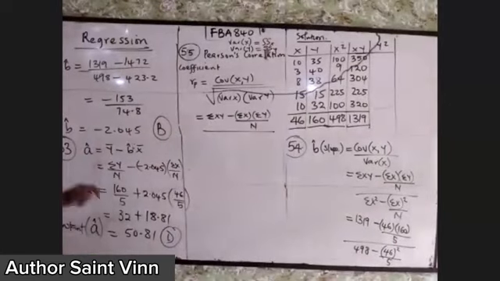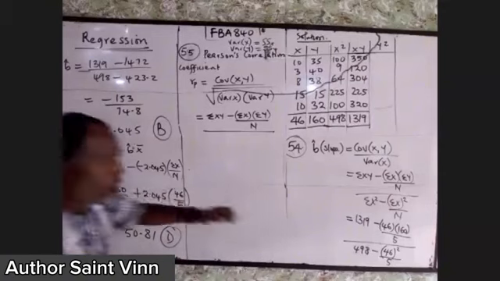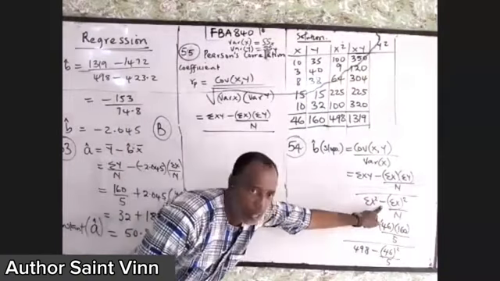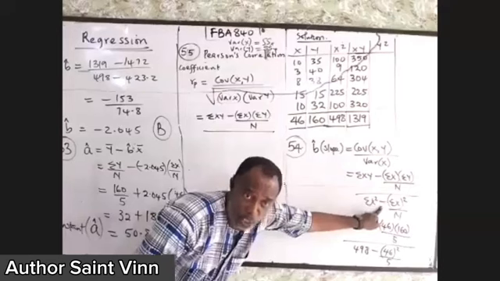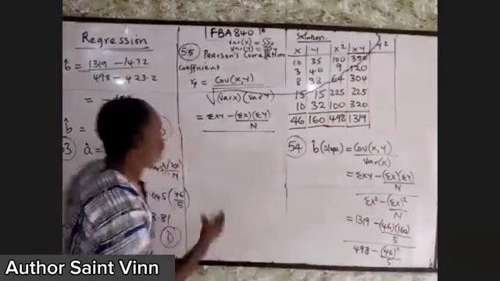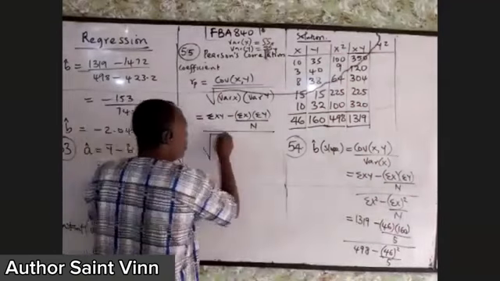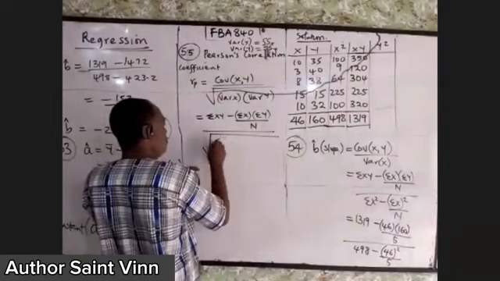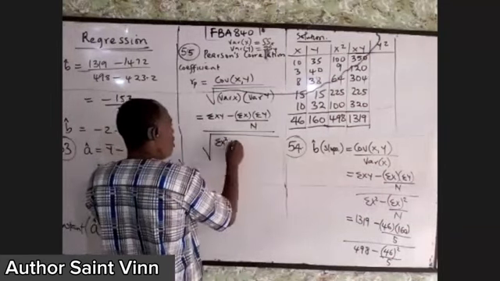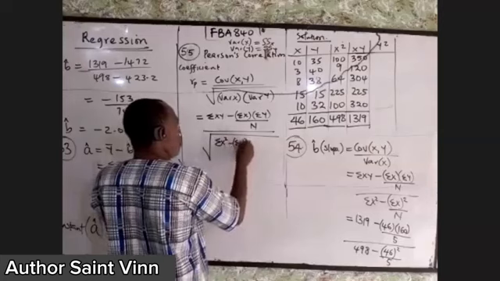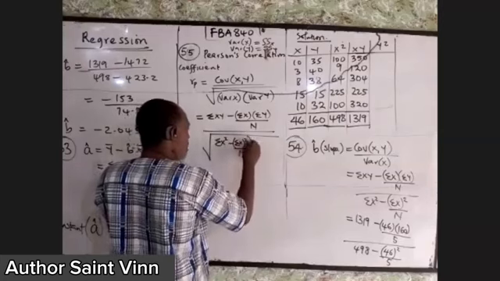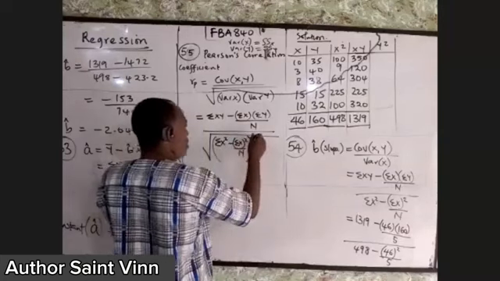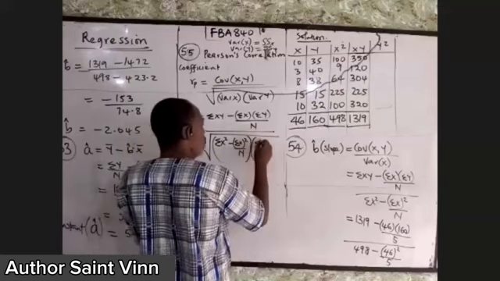You know, this numerator we have done in examination. It's just the denominator, and we have done one part of the denominator, which is summation of x squared minus summation of x all squared by n, into summation of y squared minus summation of y all squared over n.